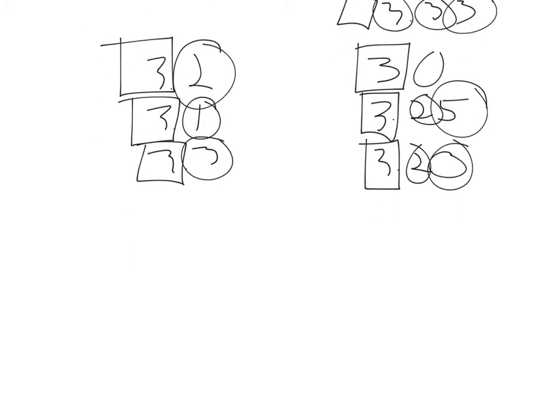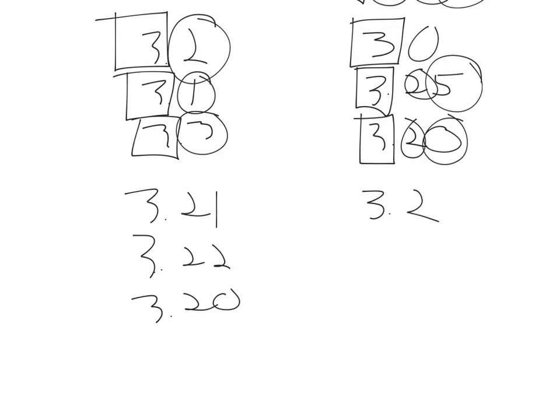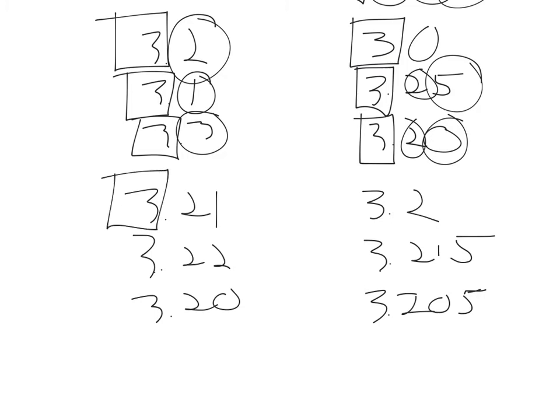And then if you go on to the last one, it was 3.21, 3.22, and 3.20, and the bad guys over here were 3.2, 3.215, 3.205. Okay, so with this ruler, there were lines every 0.1 centimeters, so we were happy with the ones place, we were happy with the 0.1 place.